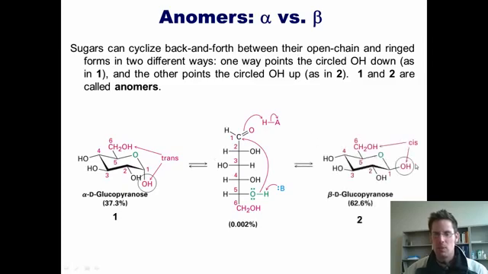And the other is pointing the OH up. And as I did say 2 slides ago, these 2 rings, 1 and 2, are called anomers of each other. This process of going back and forth in equilibrium between these 2 rings is called mutarotation. And of course, carbon 1 is called the anomeric carbon.